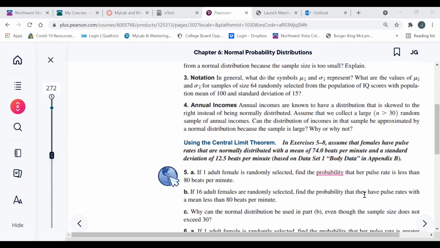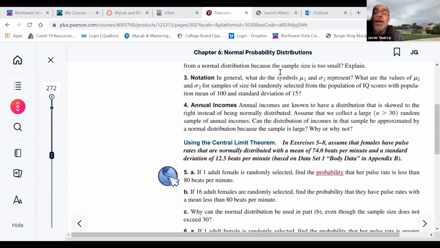Because it says if one adult female. Excellent. That's correct. It is one, which means that I'm going to go through the left side of the handout on page 4 of my notes, which I'm trying to find and I can't seem to load it up. There we go.